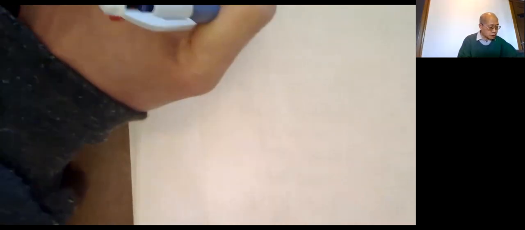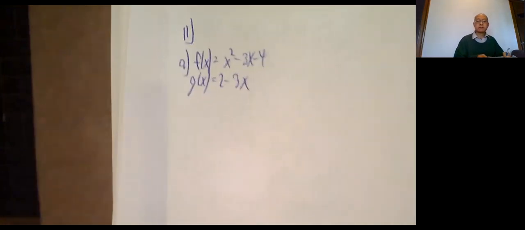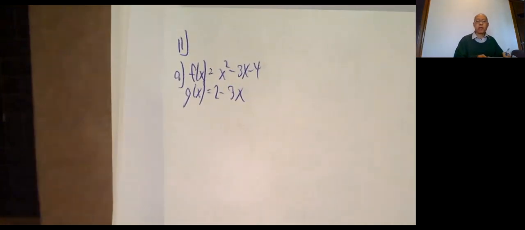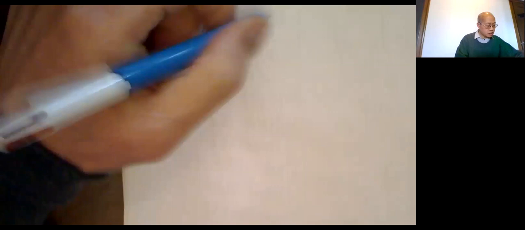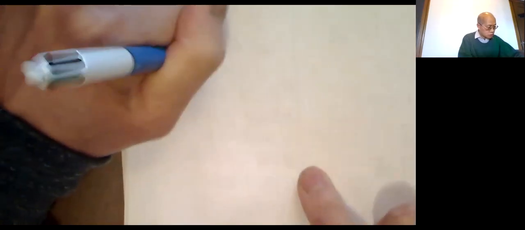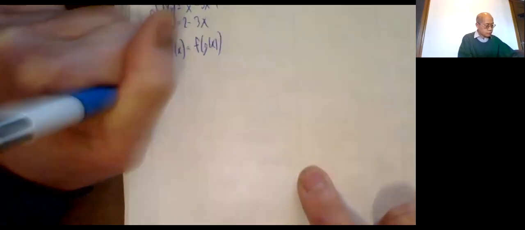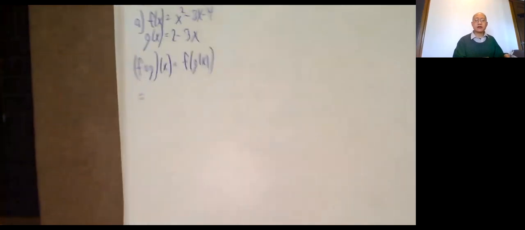And don't worry about it if you can't see it. They want f of g of x. The one that looks like fog, that's f of g of x. You have a function inside a function.